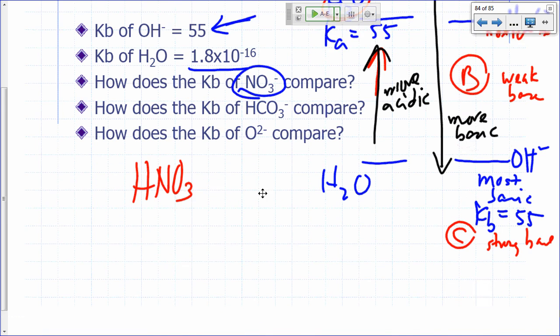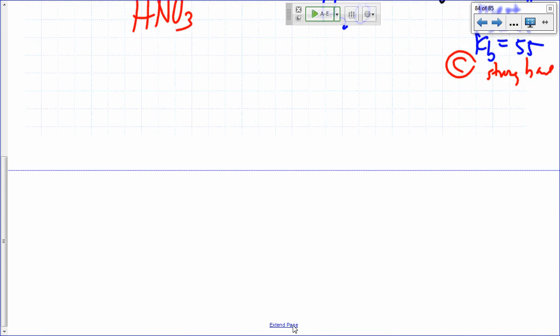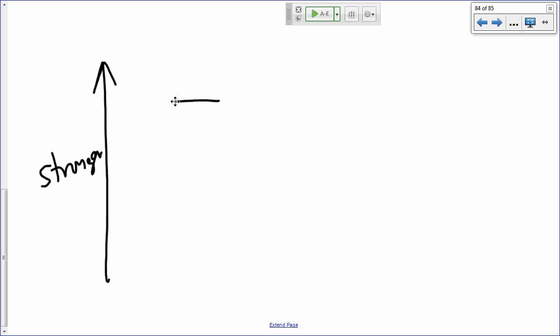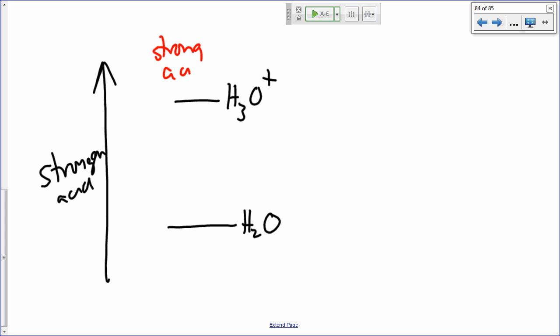Let me make a better summary, a better picture here. So you have your acid strength, stronger acid. The strongest in water is what? Hydronium. And the weakest acid in water is H2O. So here you have your strong acid, here you have your weak acid, here you have your non-acid.